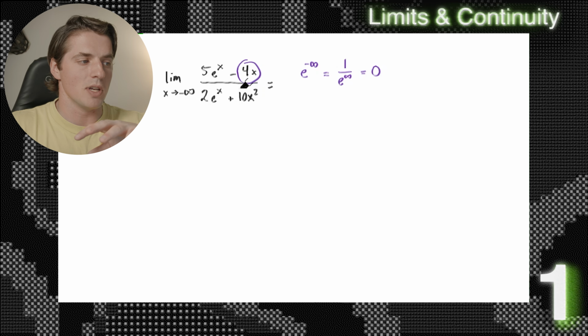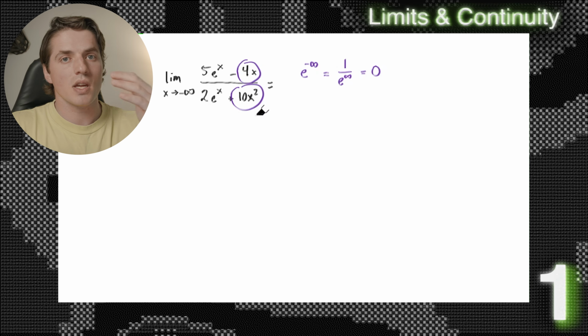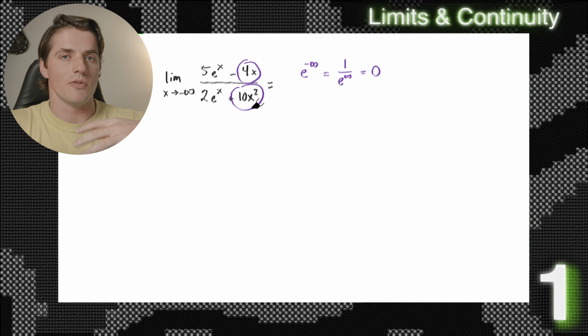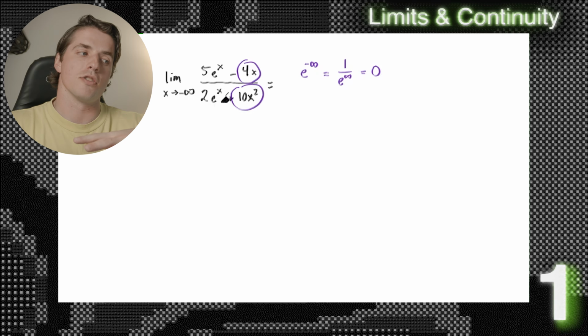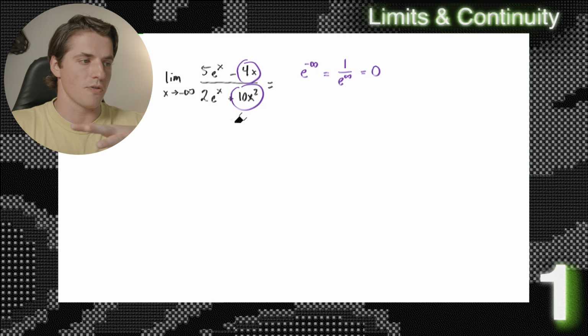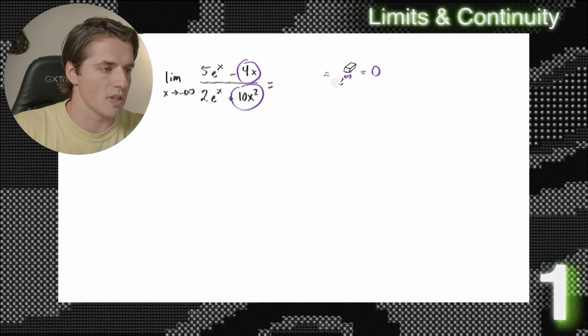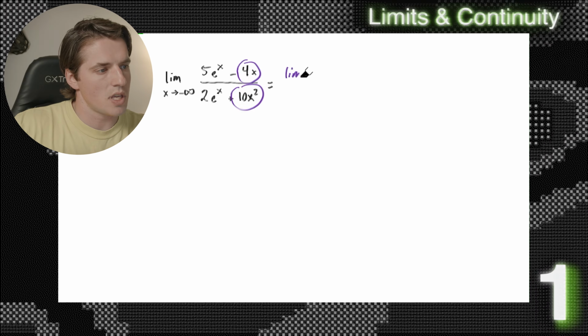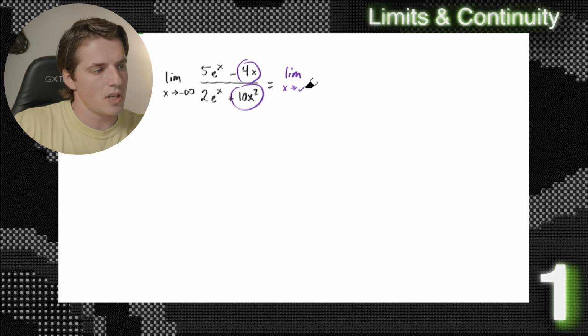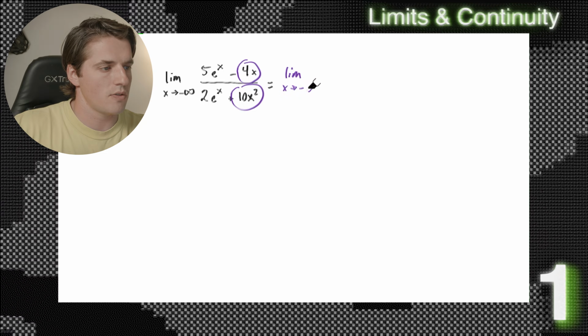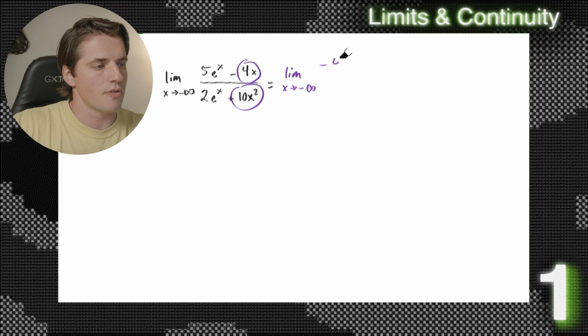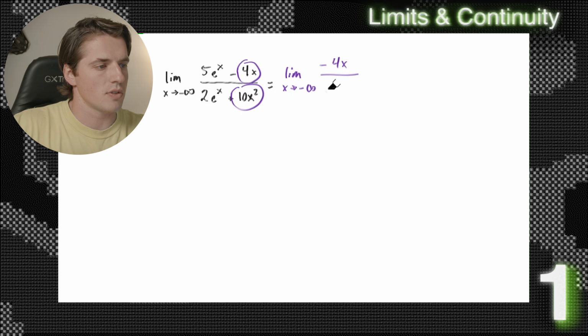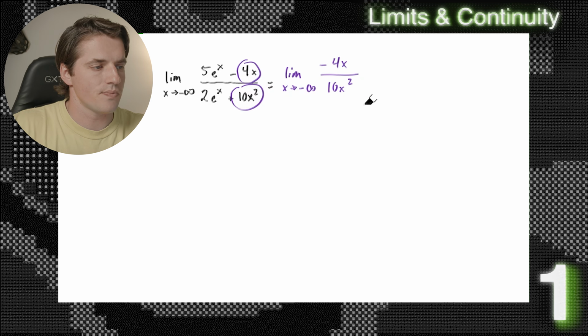And again, in the denominator, 10x squared, if we plugged in negative infinity, that value is going to be much larger than 0, which is what the first term would be. So let's write that out. We have the limit as x goes to negative infinity of negative 4x over 10x squared.